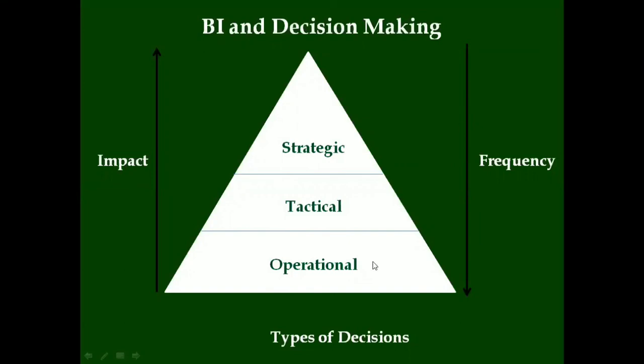It means operational decisions are taken more frequently, day to day, tactical are less than the operational, and strategic decisions are taken very infrequently. And the impact on the business increases from top to bottom. So strategic decisions have more impact on the business, and the frequency is less.